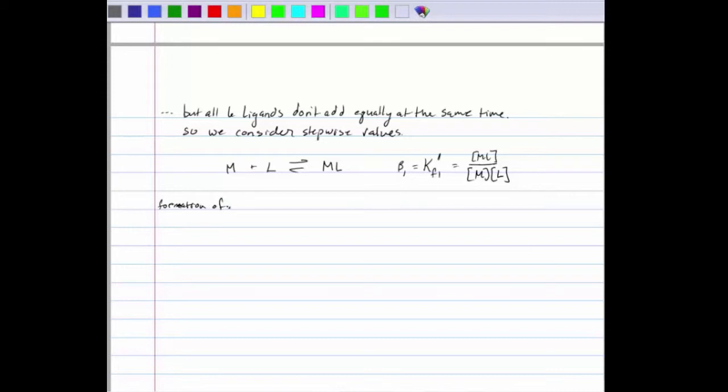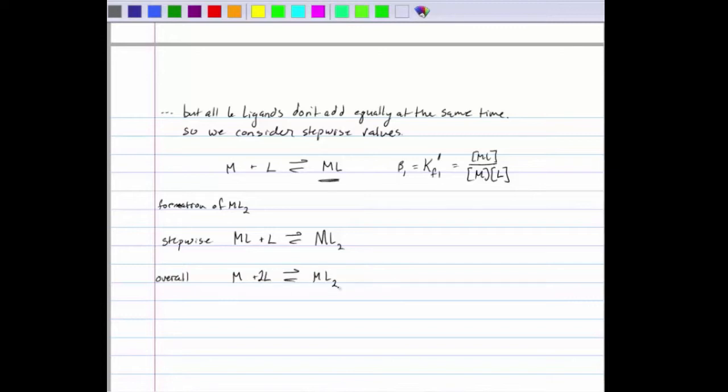of ML2, there's 2 ways to do it. You can look at the stepwise, which would be basically this ML plus another ligand going to ML2. This is different than if you look at the overall, which would be M plus 2 L's going to ML2.